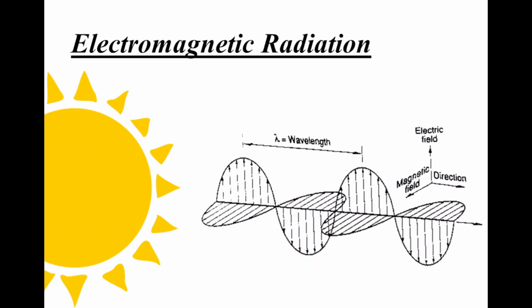So higher frequency, smaller wavelength, and as the wavelength increases, frequency reduces. This electromagnetic radiation has essentially two components, both vibrating perpendicular to the direction of propagation of the light. These are the electric field and the magnetic field, both of them orthogonal to one another.